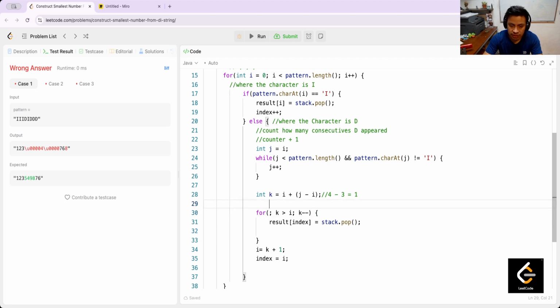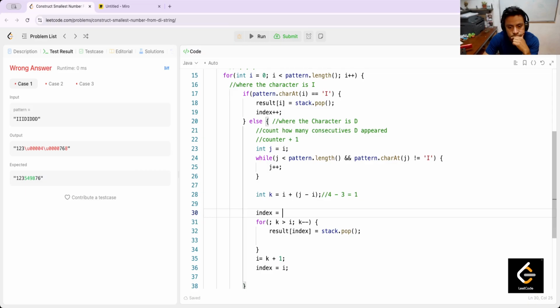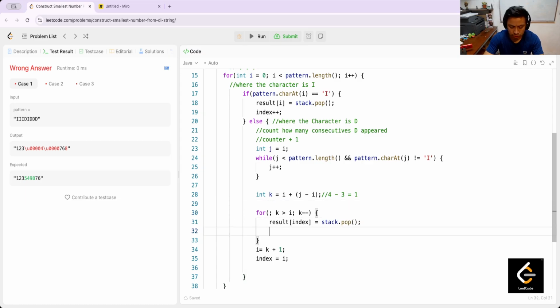Okay, this for example, x could be the index.